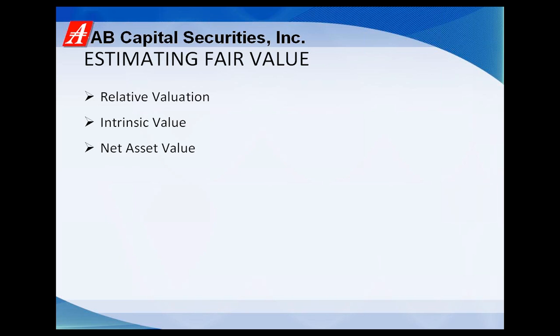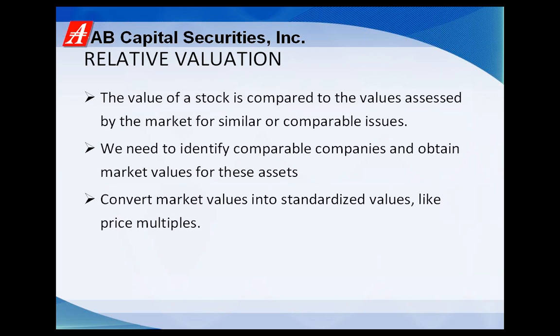When we do relative valuation, basically you're comparing a stock to another issue or another asset. Basically, what's important here is that we must be able to identify a comparable company. Once you're able to do so, you have to look for market values which can be converted into standardized values.